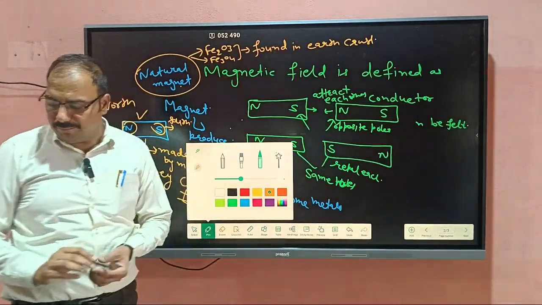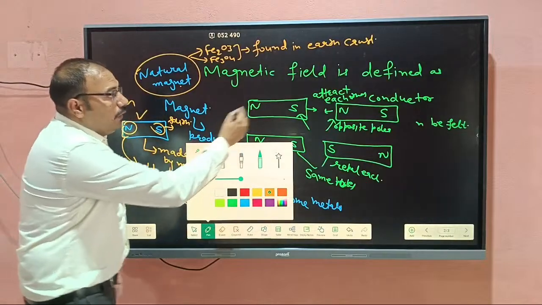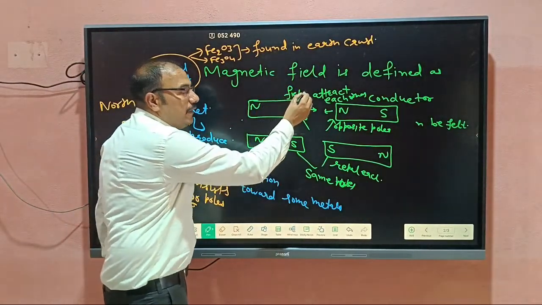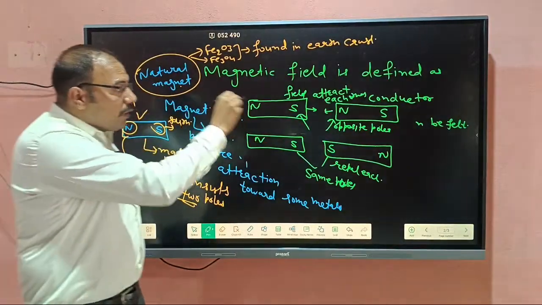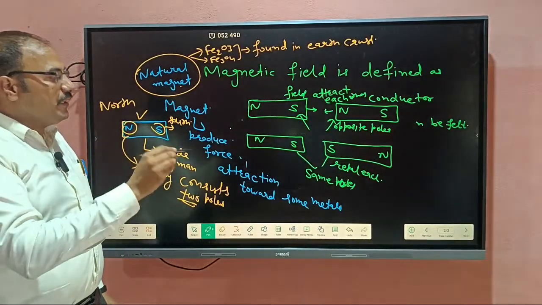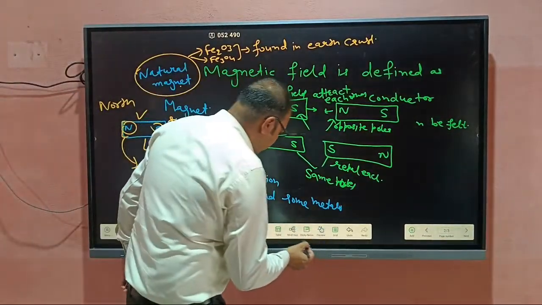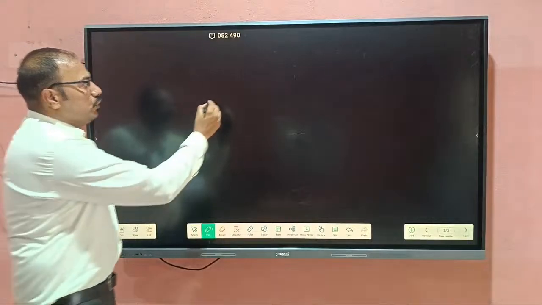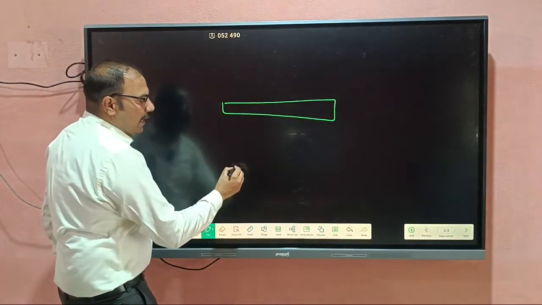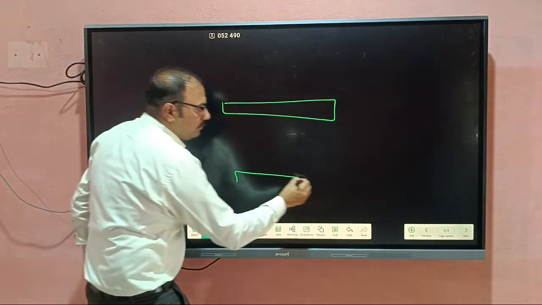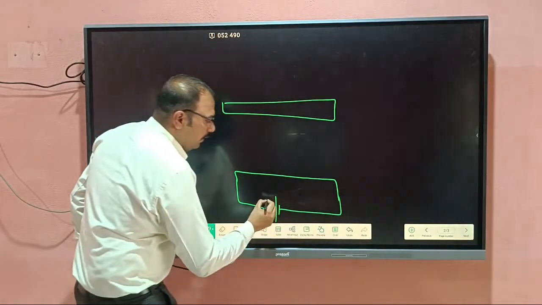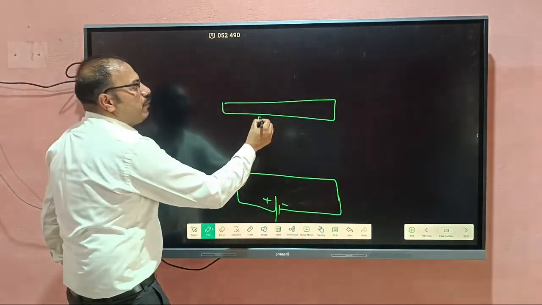So here, around the magnet a field is present, which is invisible, but it is shown by imaginary lines. How are they shown by imaginary lines? So this is a magnet, and this is like a conductor and this is a magnet.